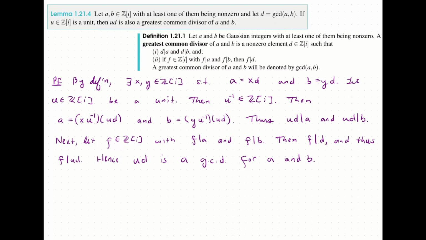This shows us that the moment we have one GCD, a unit times that quantity is also a GCD.